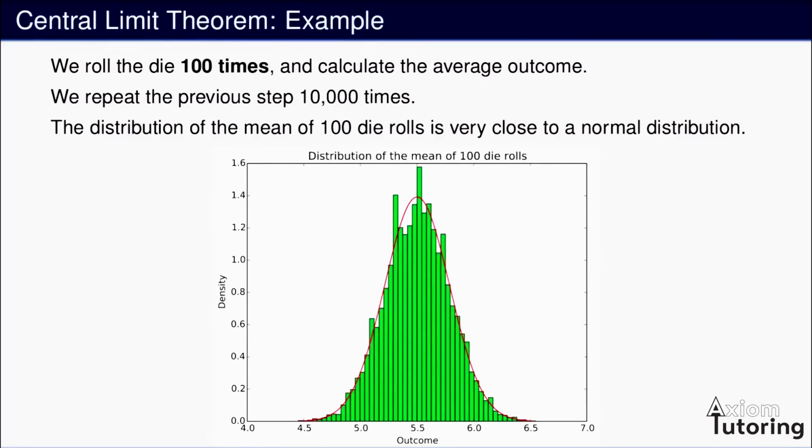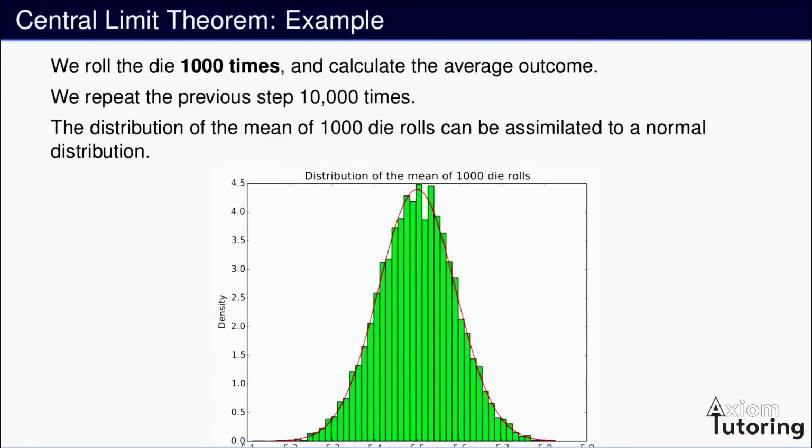And remember, we also had original data that was extremely non-normal. We started with a variable that was uniformly distributed. And even with just a sample size of 100, we already have a distribution of the mean that is very close to our normal distribution. And if we go to 1,000 times, now it's really very close to a normal distribution.